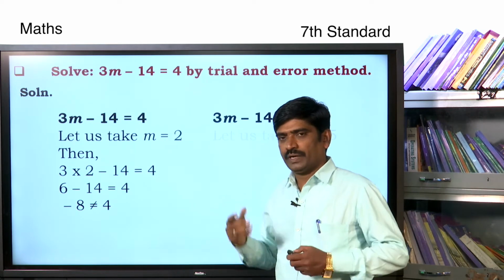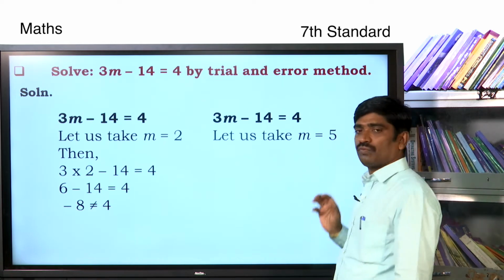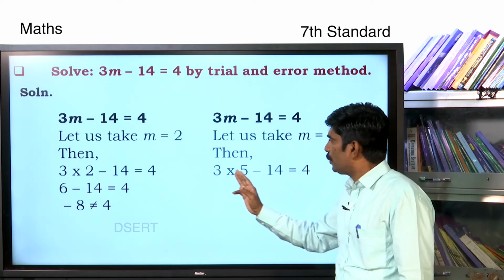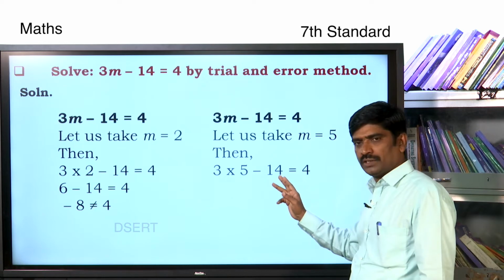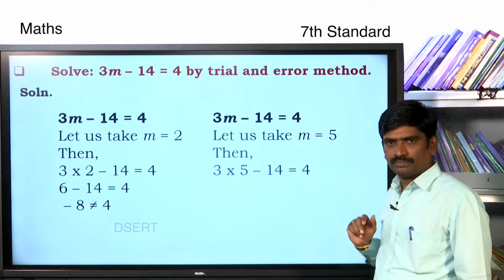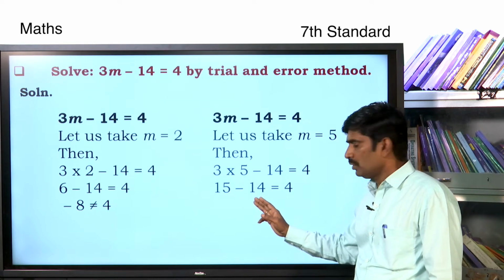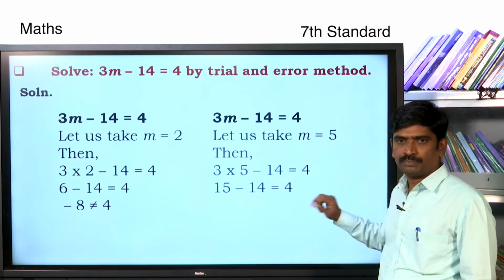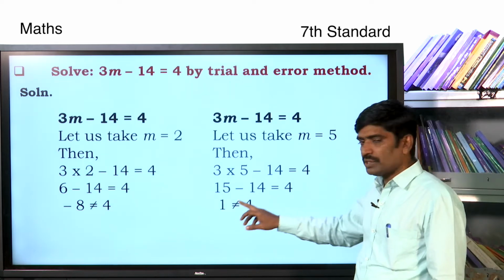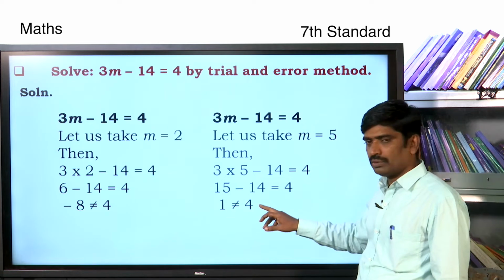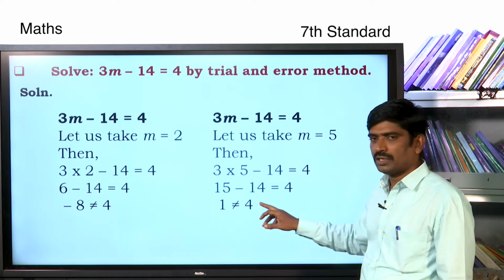Second one, let us take m is equal to 5. Then 3 into 5 minus 14 is equal to 4. 3 fives are 15, and 15 minus 14 is 1. Is 1 equal to 4? No, it's also not true.